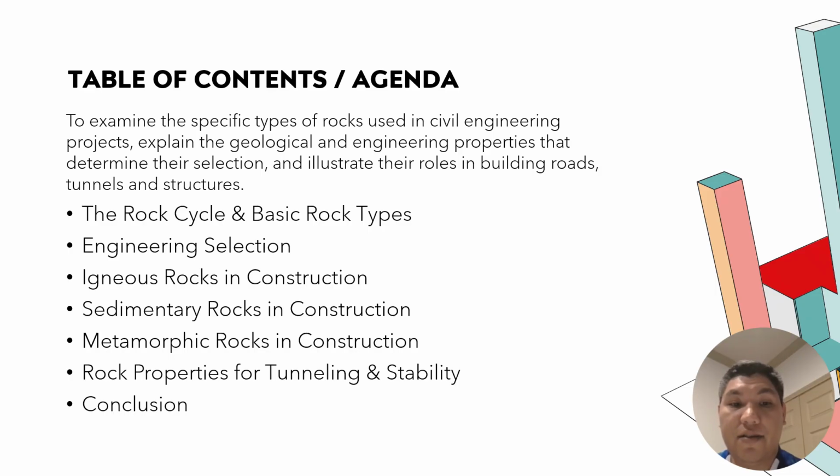The agenda is going to be the rock cycle, basic rock types, engineering selections, the igneous rocks in construction, the sedimentary rocks in construction, the metamorphic rocks in construction, the rock properties for tunneling and stability, and the conclusion.